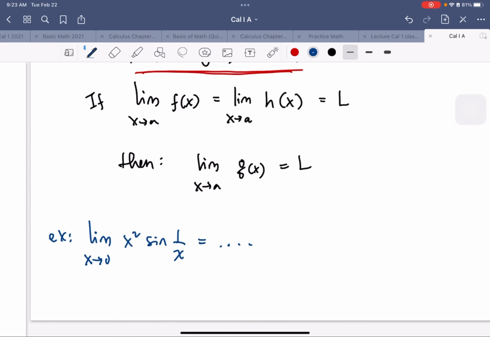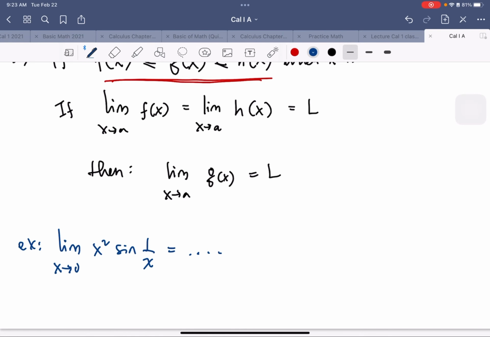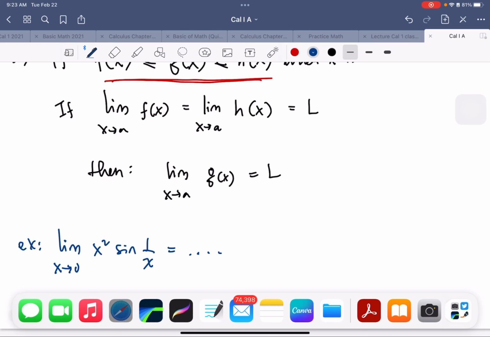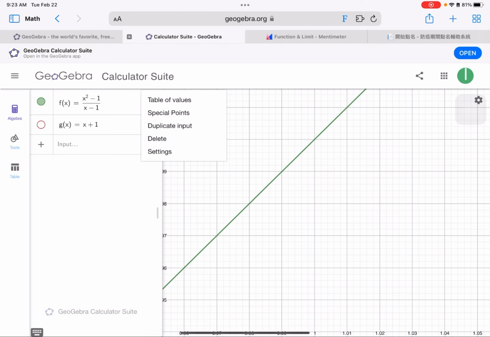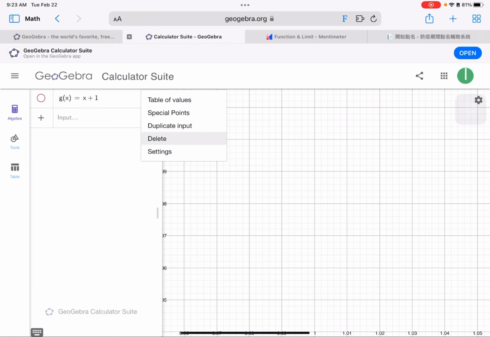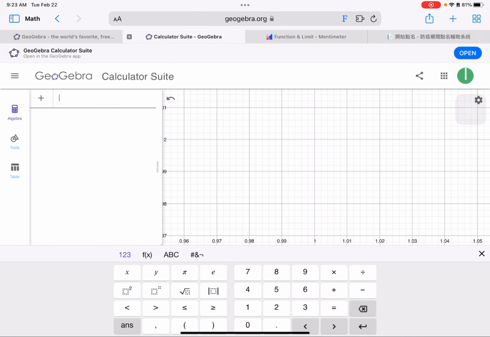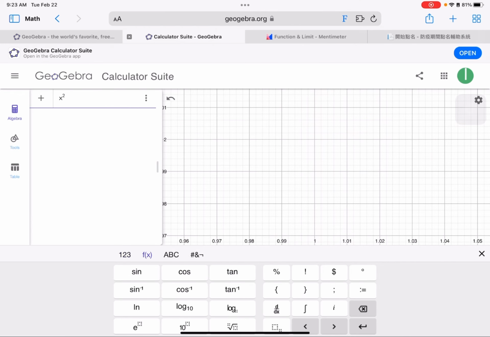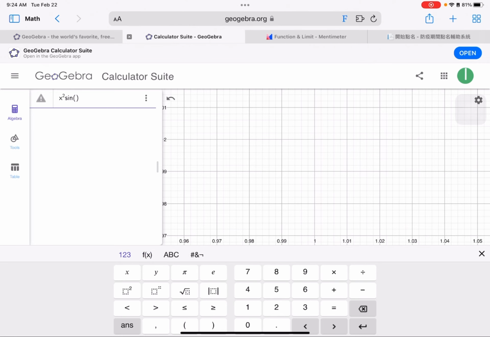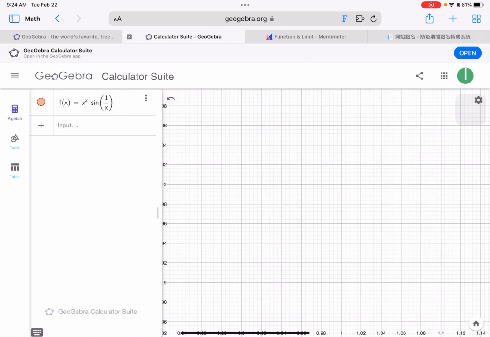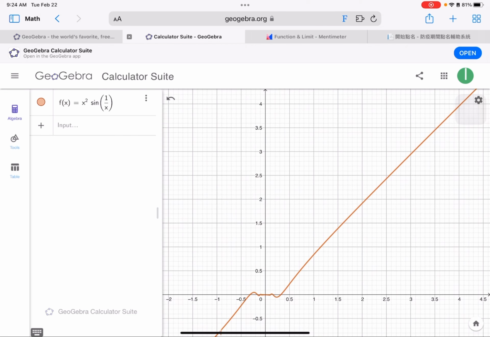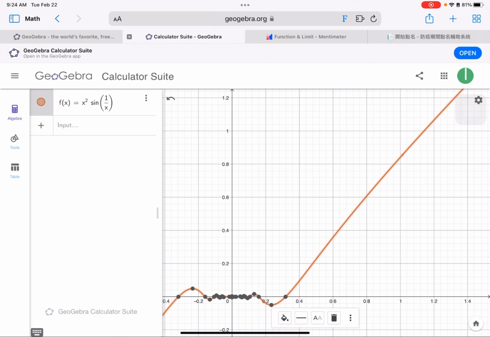Now, for the example here, let me show you the graphs. Let me delete this. Let's input x squared and then input the function sine 1 over x.